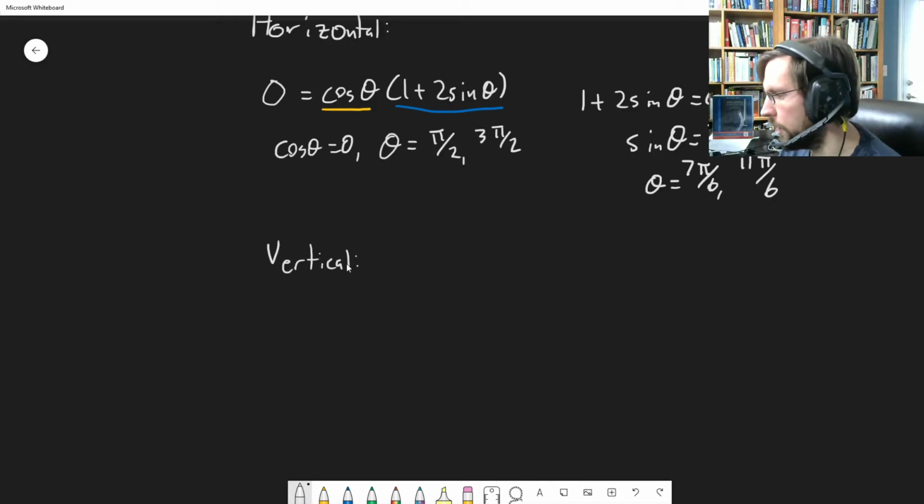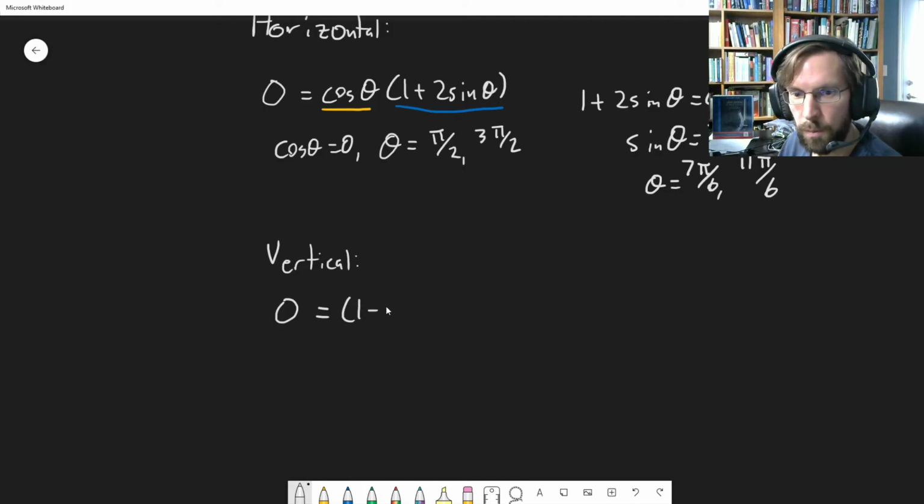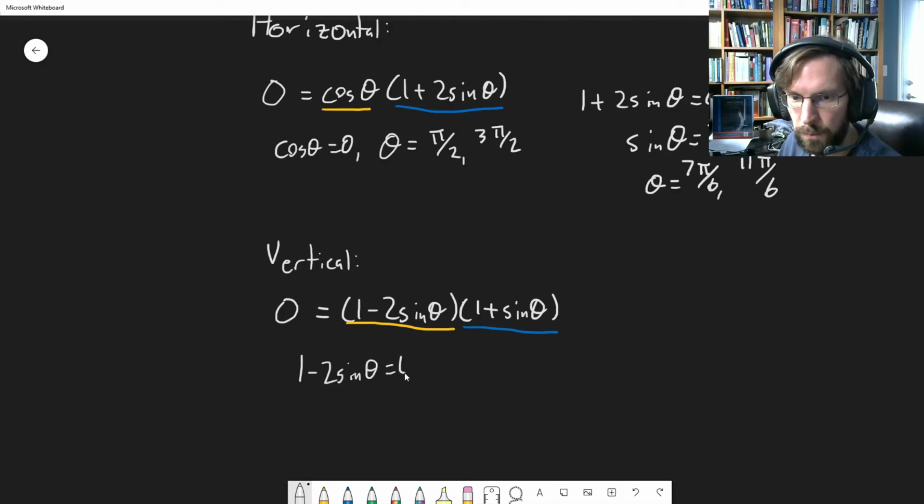You're going to have vertical tangent lines when the denominator is 0. So that's when 1 minus 2 sine theta times 1 plus sine theta is 0. Okay, so again, either the first term of the product is 0 or the second term of the product is 0. If 1 minus 2 sine theta is 0, then that means sine theta is equal to 1/2.